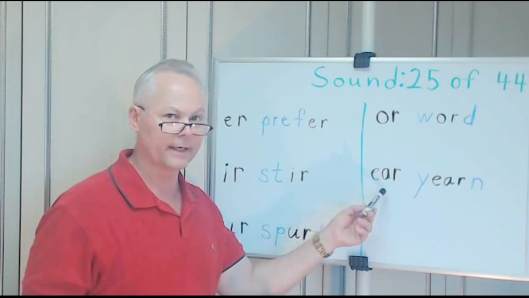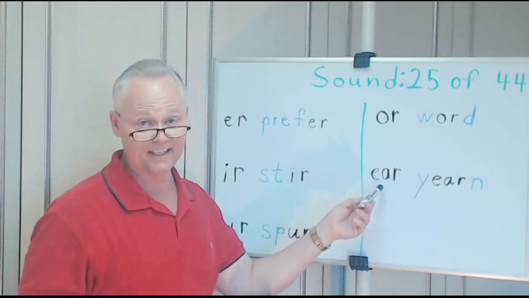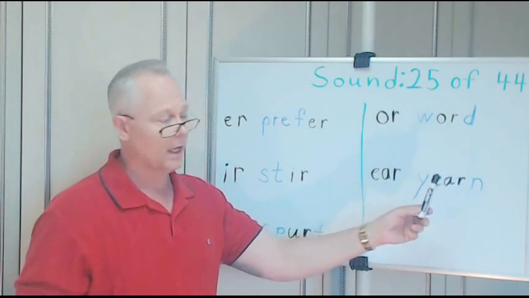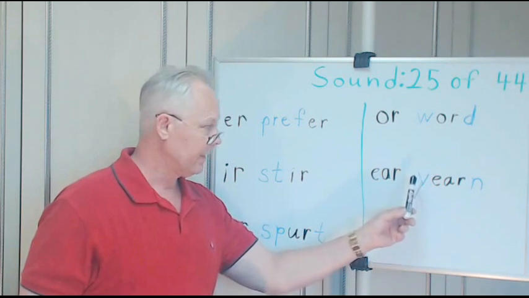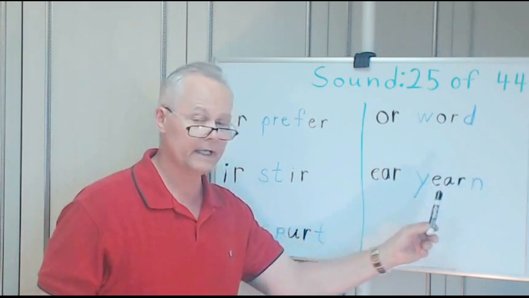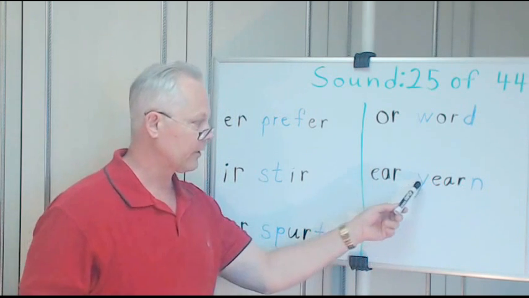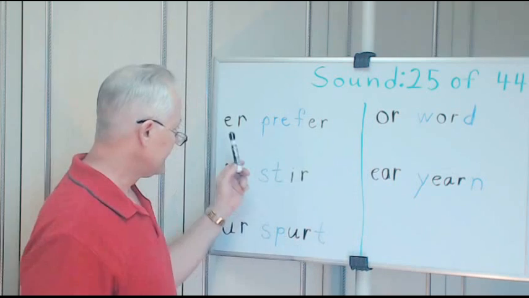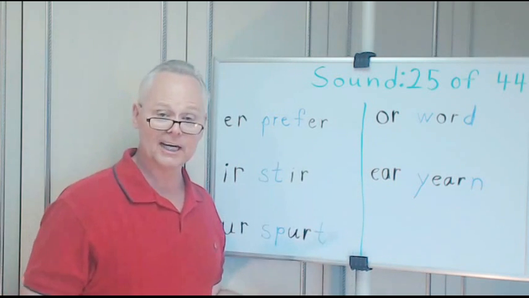Now, this really looks like ear, and all by itself, it is. If you took off the N, you'd have year. However, if you took off the Y, you'd have earn. If you just leave the Y and the N on each end, you're going to have yearn. Yearn. So each of these have the same sound.